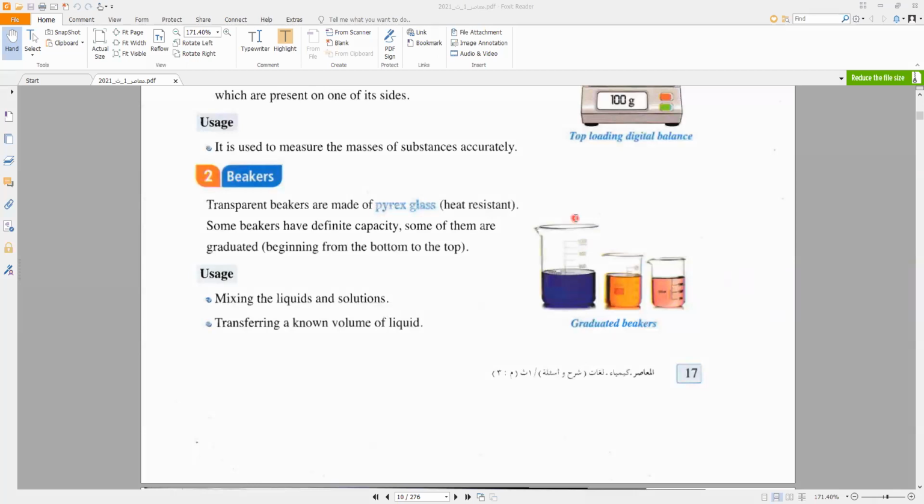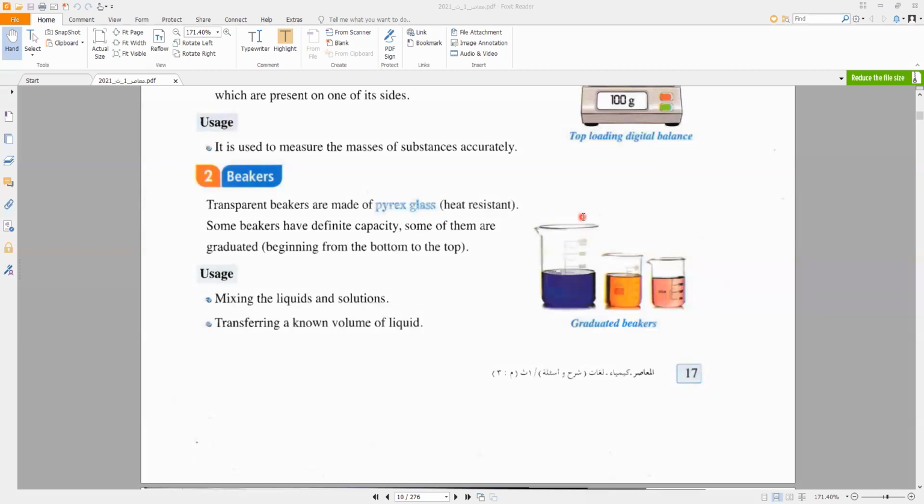Beakers have different capacities. Some of them are graduated like this, from bottom to up. Most tools used in the lab are graduated from down to up.